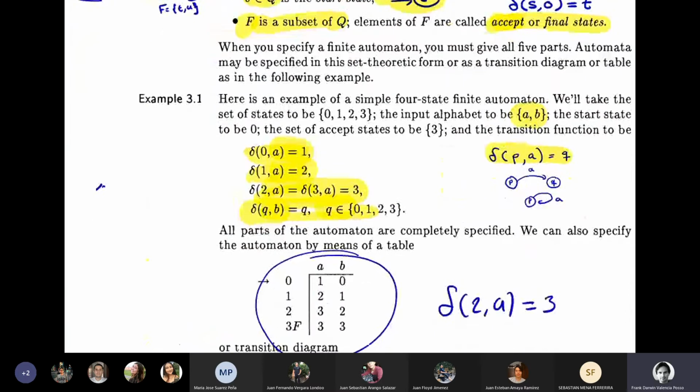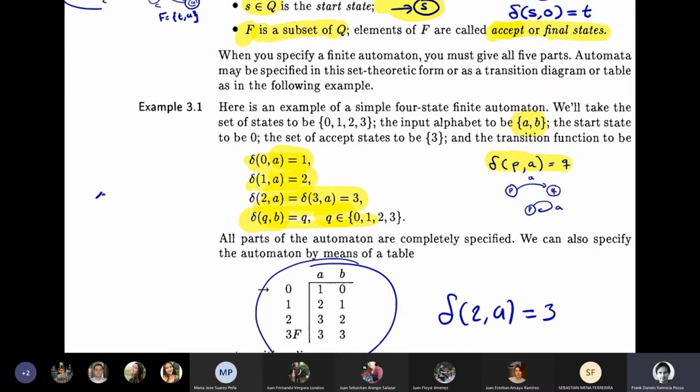So, for example, here we have, let's say that my set of states is this one. So in this case, my Q will be 0, 1, 2, 3. The input alphabet, let's say that is A, B. So that means that sigma is A, B. And the start state is, let's say, this 0.